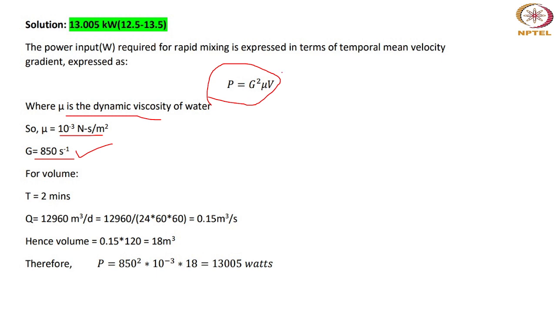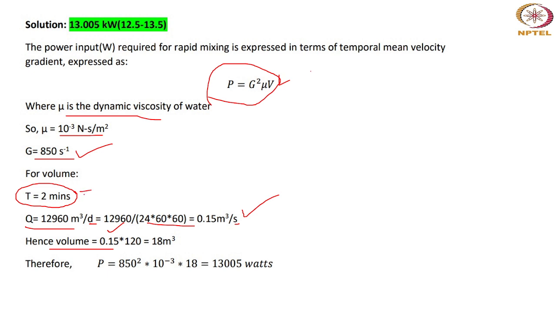First we need to calculate the volume because it was not given. The flow rate was given as 12,960 meter cube per day. First convert it into meter cube per second because it will be easier, so I am converting from day to second by dividing by 24 multiplied by 60 multiplied by 60. So the flow rate is 0.15 meter cube per second. The volume is the flow rate multiplied by the retention time of 2 minutes.